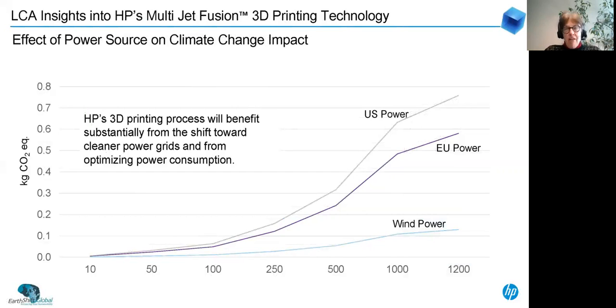So this is with that larger part we just looked at, and you see that the impacts drop pretty dramatically as we clean up the grid. So that was another interesting change. Hopefully it doesn't mean that we go and use more energy as we get a cleaner grid, but it does mean that the 3D process certainly gets better as we go that direction. So that was another piece that was really useful for HP to understand.